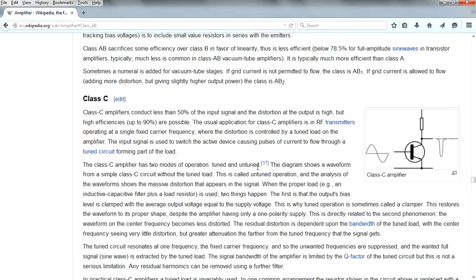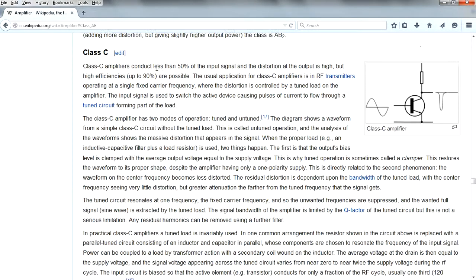And then class C, what is class C? Class C conducts less than 50%. So when you have a 100% signal coming in, you only have a small portion coming out. However, your efficiency is very high because you're going to increase this into such a high amplitude, which is pretty good. But application wise, I don't know.